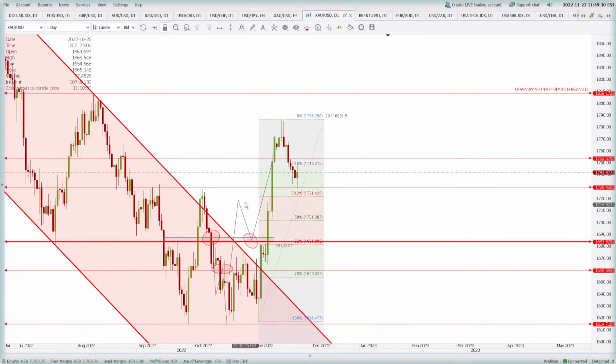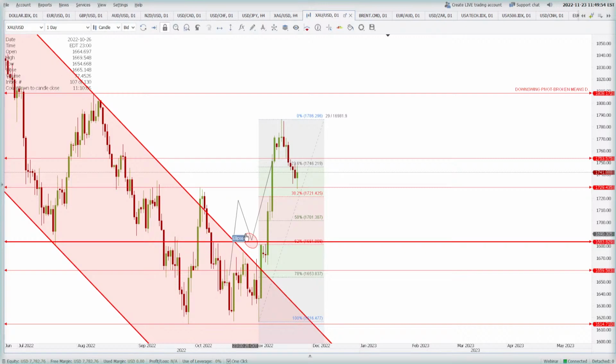Gold is pulling back. On the daily also it has pulled back to some extent, but has got support at the $1,729.43 area. And you see how this was actually a bullish double bottom. I will not say double bottom yet.